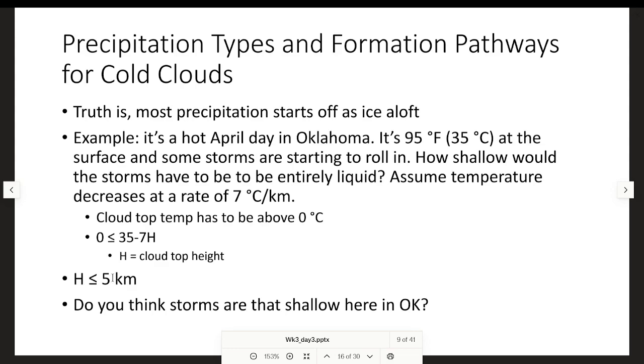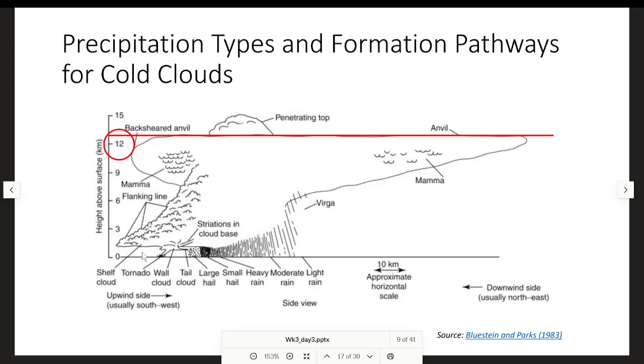Do you think the storms are that shallow here in Oklahoma? No. There we go. If we wanted it to be a pure warm rainstorm, it would have to stop right here, at the 5 kilometer line.